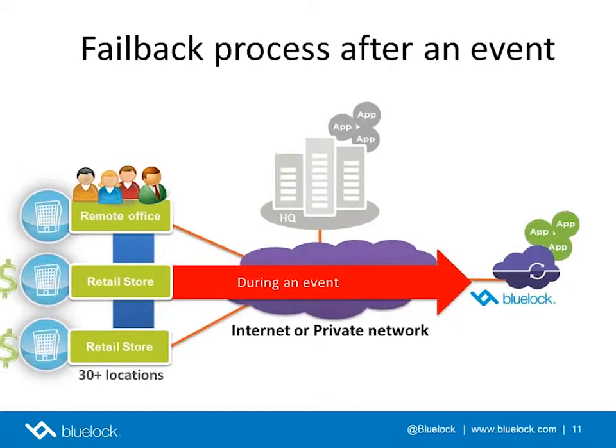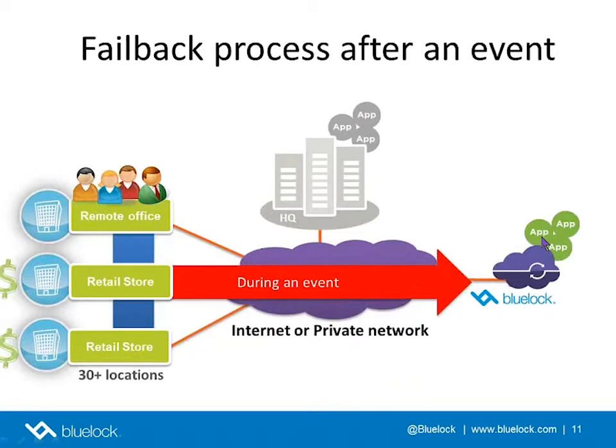Once the production site comes back online, for example, if it was just a power outage, you might only be down for a day or two, or even just 12, 18 hours. That site eventually comes back online, but because the production environment has been running at Bluelock during that time, all the most recent changes have occurred out here.